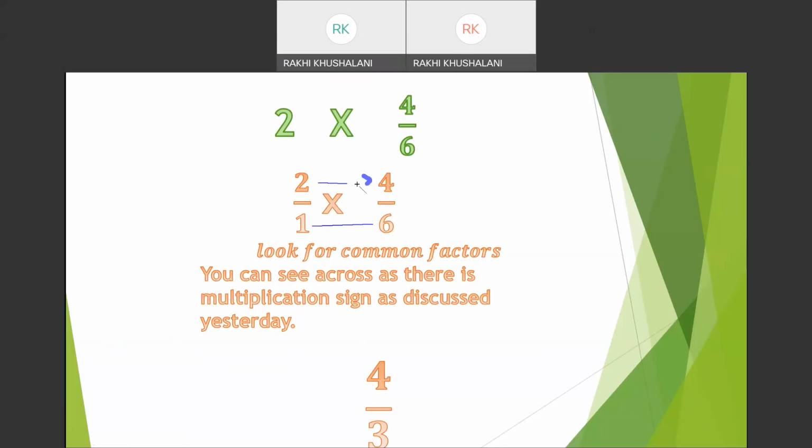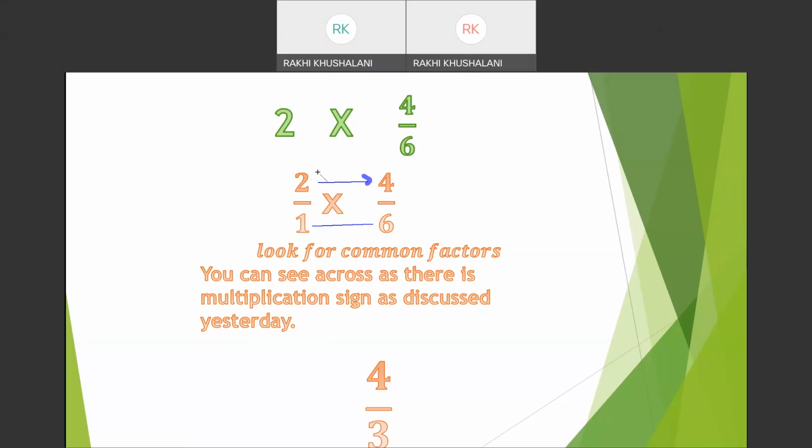I told you in yesterday's session that we can do the cross cancellation. That is, we can take the denominator of one fraction and the numerator of the other. But that is only possible when we are doing the multiplication. I showed you the example with addition also.